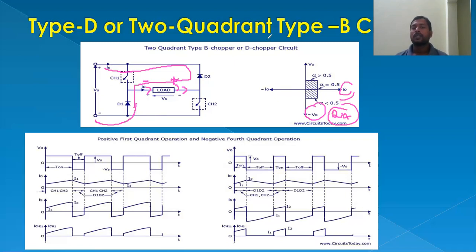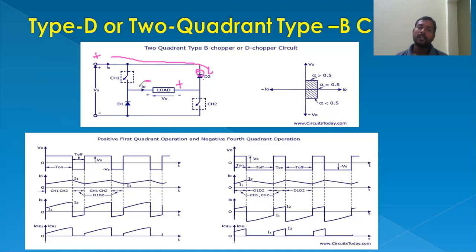So why is it negative? Why is voltage negative? Because this is negative and this is positive. Positive with respect to this positive, but here negative, nothing but a cathode with respect to positive voltage. That's why the voltage will be in a reverse direction.